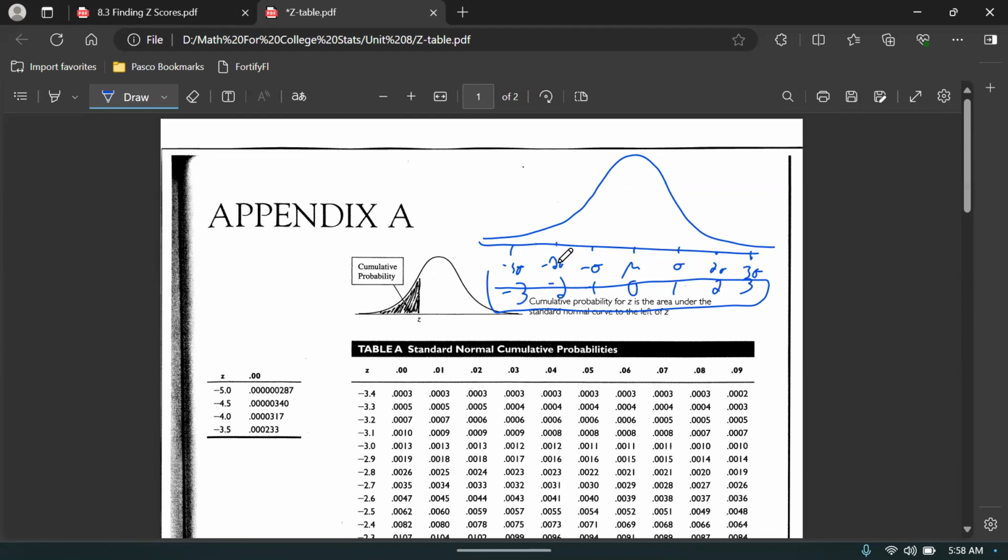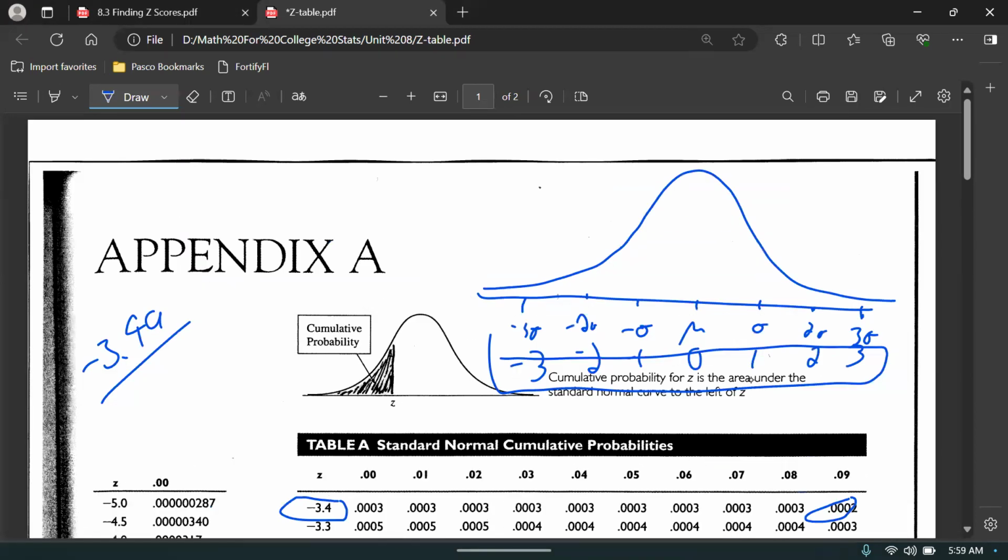So for example, at negative 3.49, if your z-score is negative 3.49, what that means is that you're talking about negative 3.49 standard deviations from the mean. So whatever the distribution is, this would be the distance from the mean standard deviation-wise. So negative 3.49 standard deviations below the mean would be somewhere all the way over here.